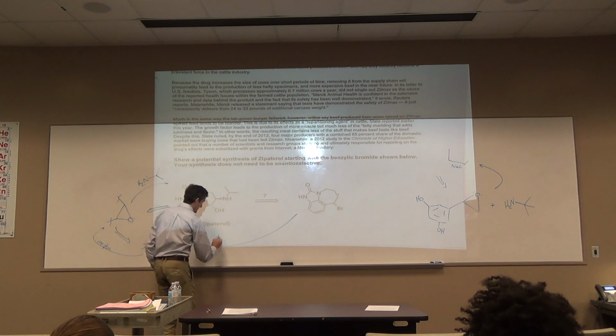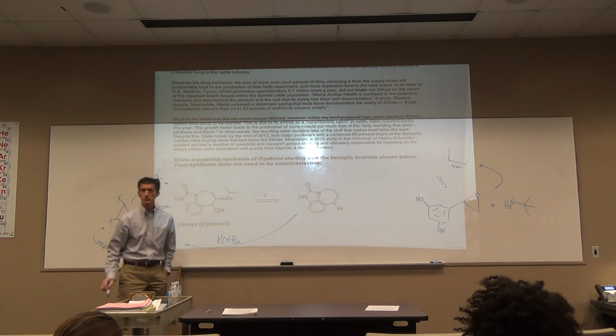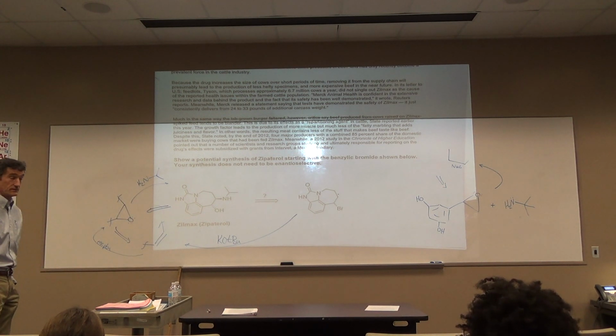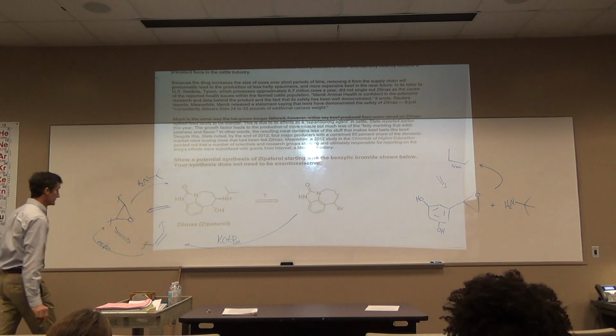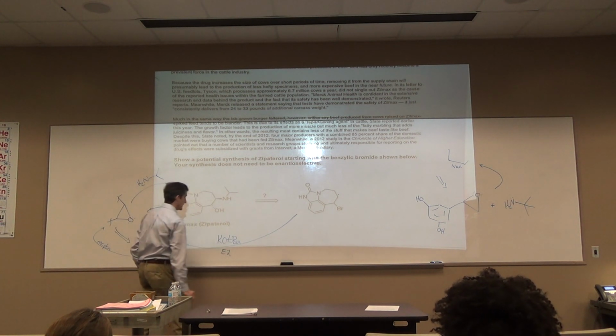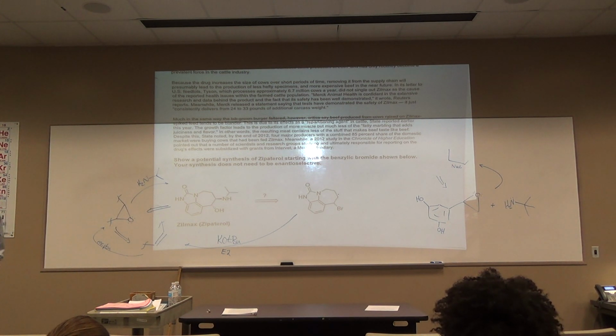I would react it with maybe potassium tert-butoxide, which is a common base used to do what type of mechanism? E2. Okay. And there you go. We worked our way back to where we were asked to start.